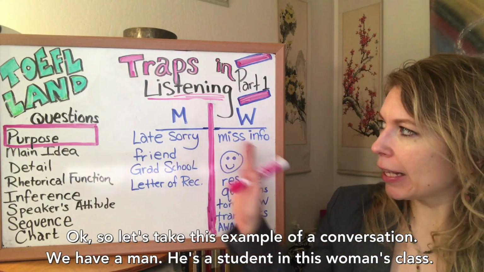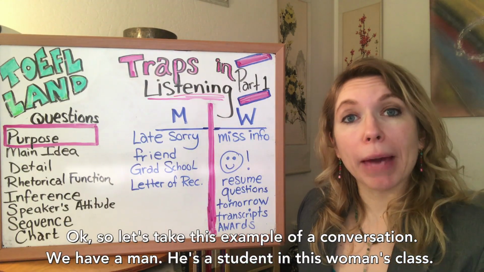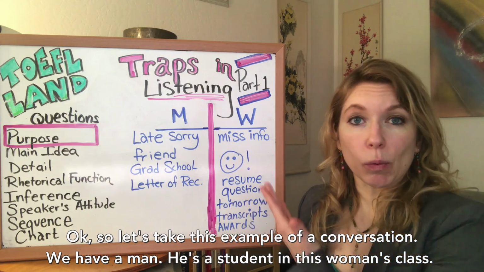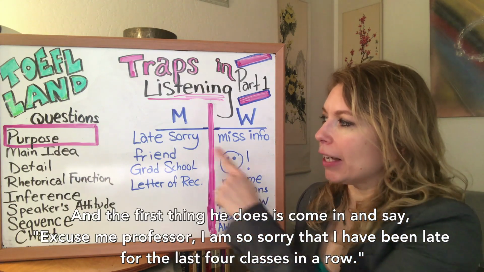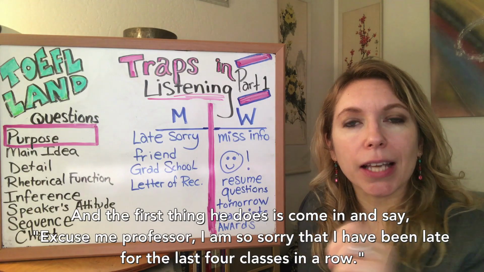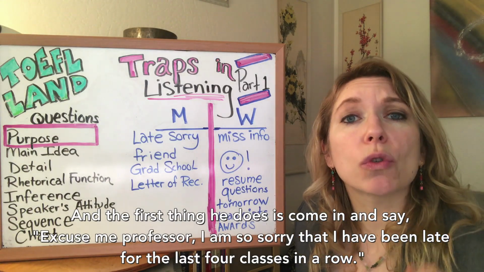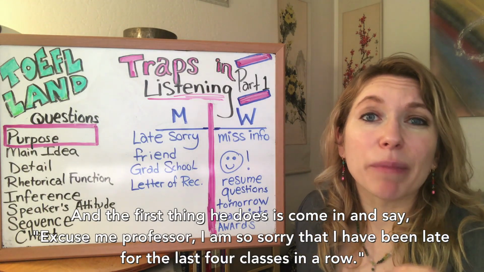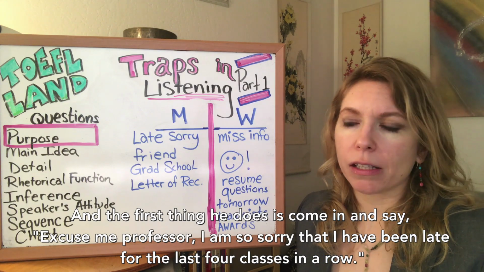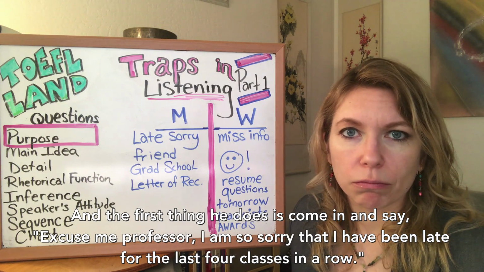Okay, so let's take this example of a conversation. We have a man, he's a student in this woman's class, and the first thing he does is come in and say, "Excuse me, professor, I am so sorry that I have been late for the last 4 classes in a row.